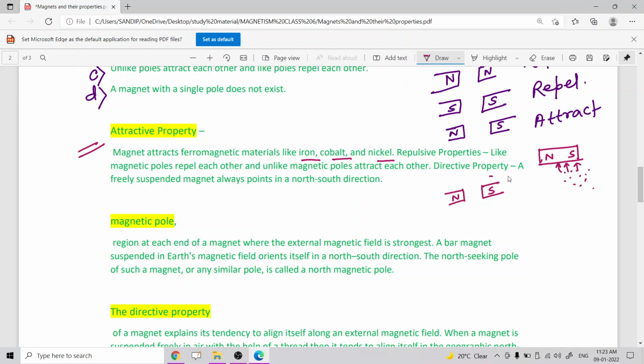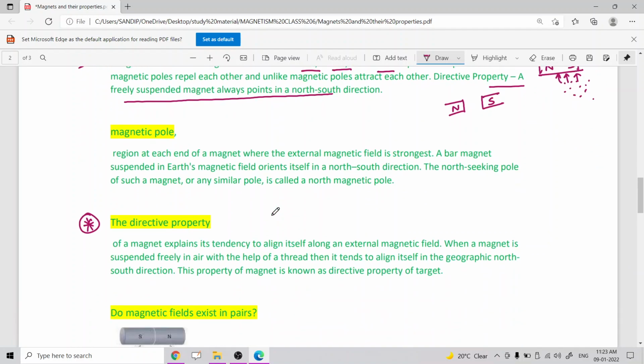Here we also take the directive property, which we simply discussed in the third point. What is the directive property?